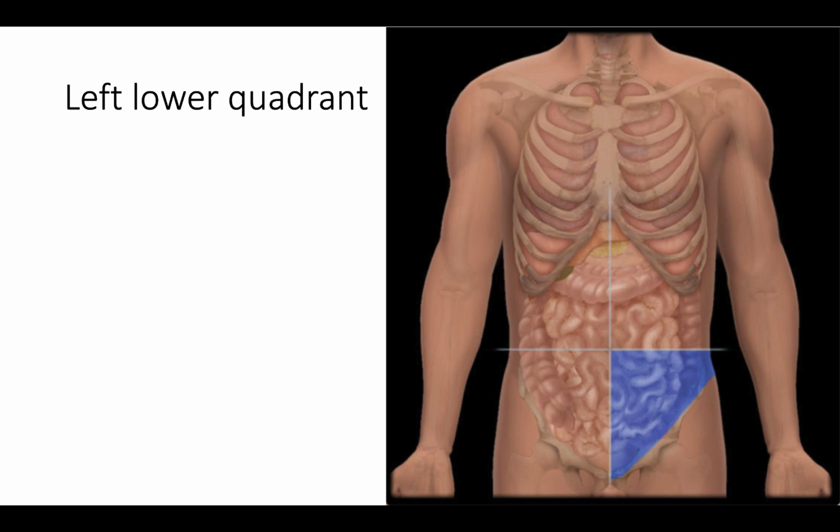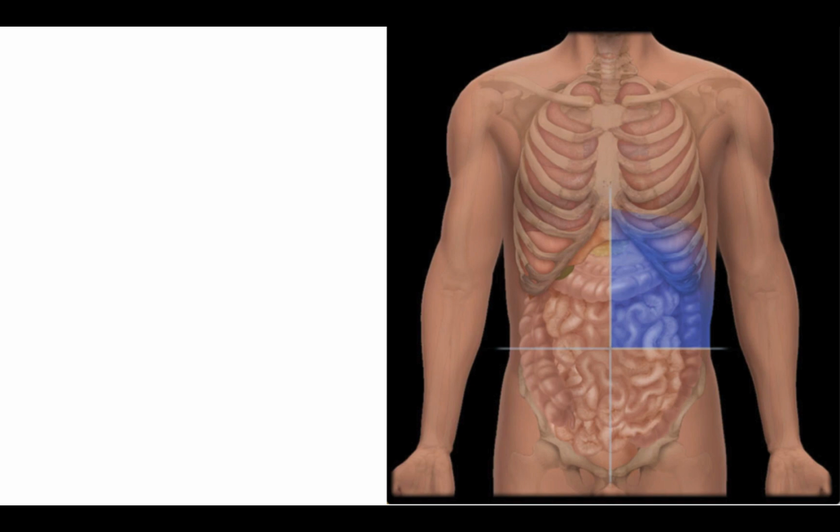Now you might look at that picture and say that's on your right, so shouldn't that be the right lower quadrant? But it's actually that person's left side of their body because they're in the anatomical position facing you, so their left is your right. So this is their left lower quadrant. This is their left upper quadrant.